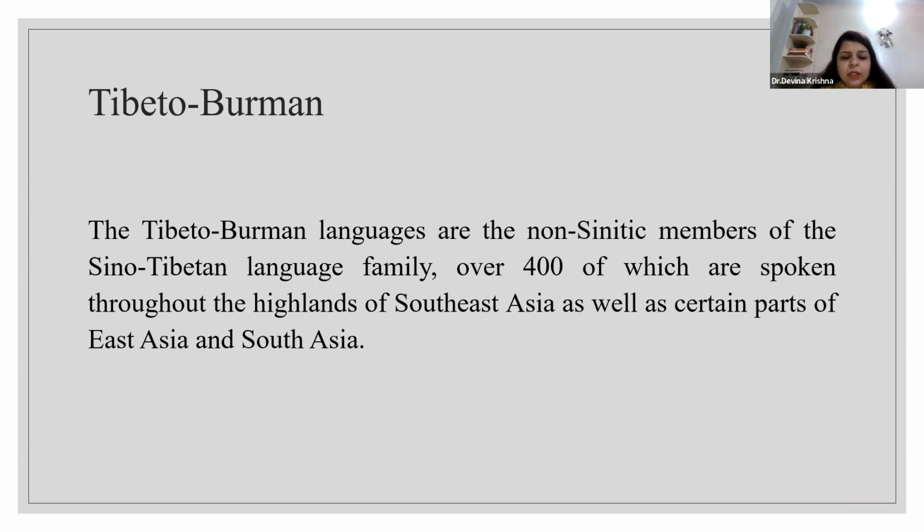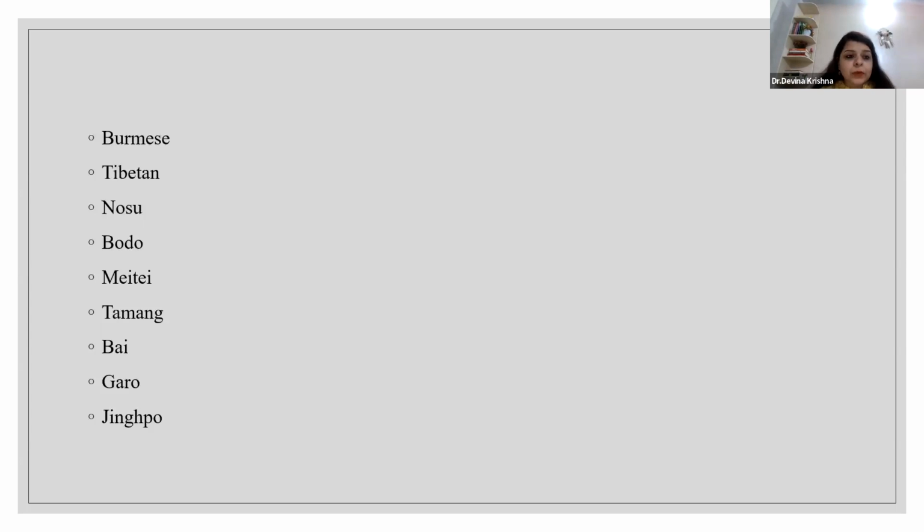Interestingly, each language of this group is written down, unlike the case with other tribal languages of the country. This has been proved through a lot of research in this area. So we have Tibeto-Burman, and these are some of the languages: Burmese, Tibetan, Nosu, Bodo, Meitei, Tamang, Bai, Garo, Jinfo.